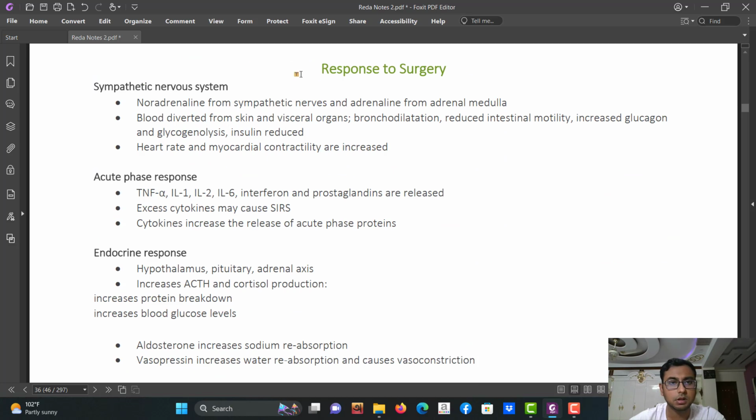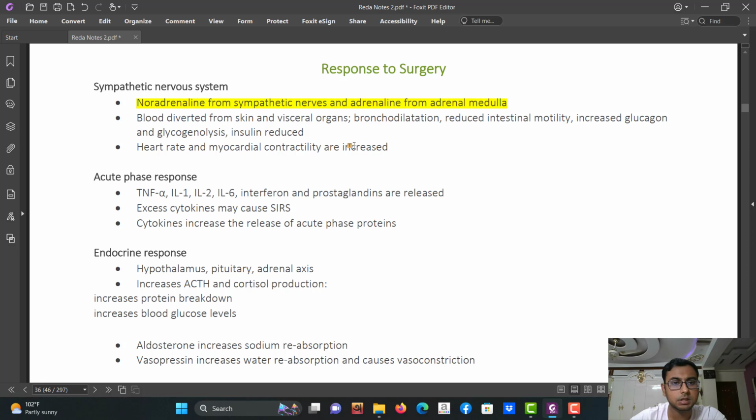There are some hormonal responses which are mainly triggered after the surgery or by the surgery. First things first, the sympathetic nervous system. We all know that every stressful stimulus can increase sympathetic outflow. Surgery is one kind of stress, we all know that. So here the noradrenaline from sympathetic nerves and adrenaline from the adrenal medulla are released due to surgery.